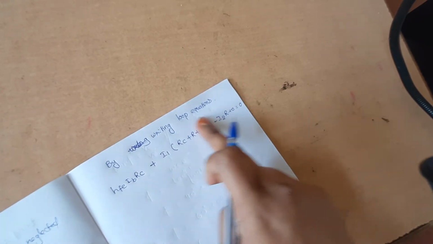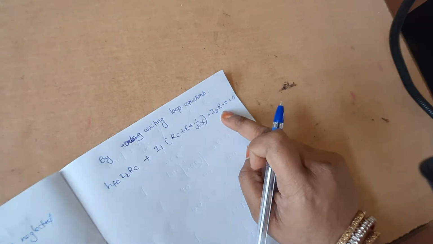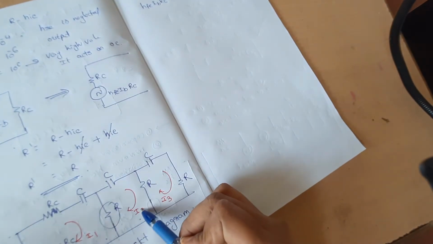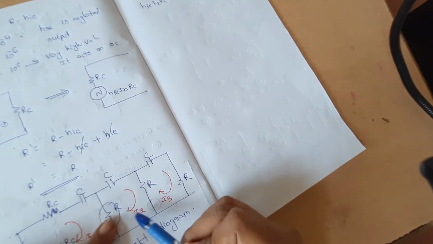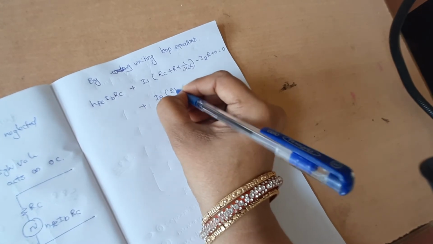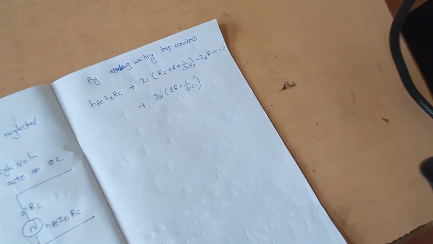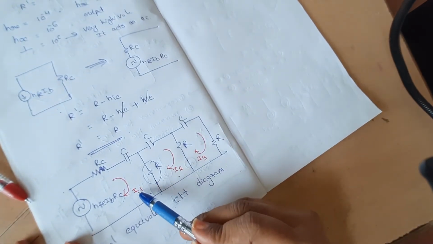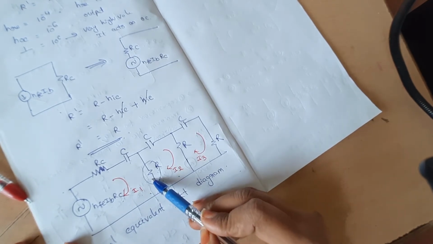Voltage source and I1 current pass in the three elements, and I2 current passes in the element R. For the second equation, I2 passes in R, C, R, so we can write I2 into 2R plus 1 by j omega C. And in R, I2 current passes, at the same time I1 current is also passing.